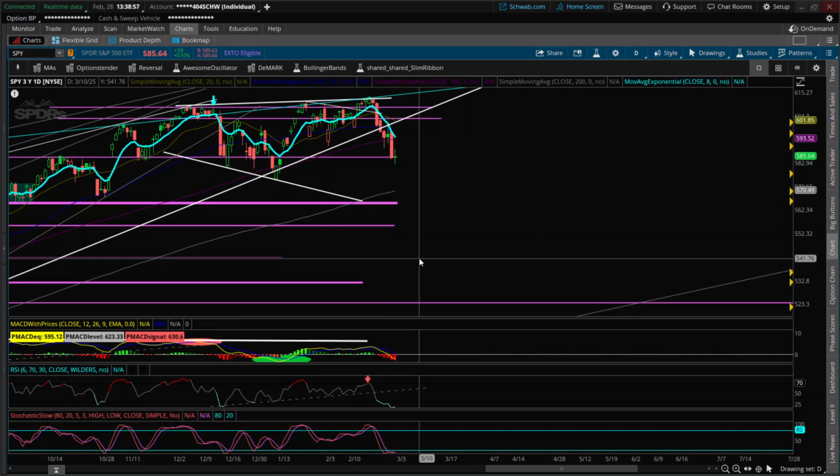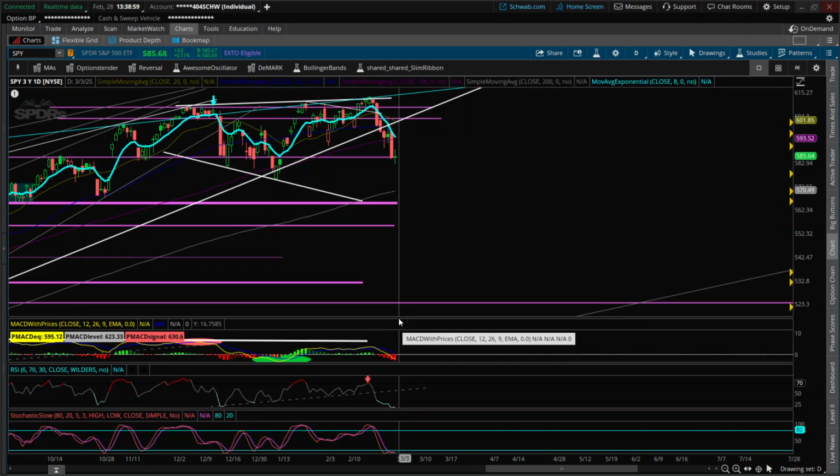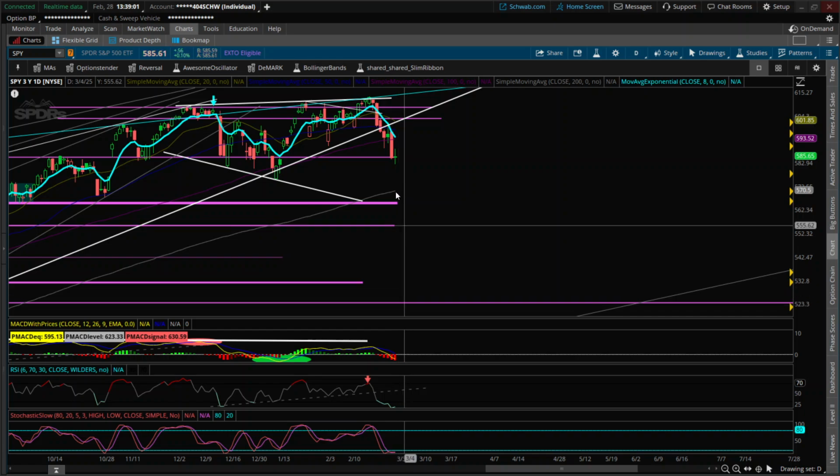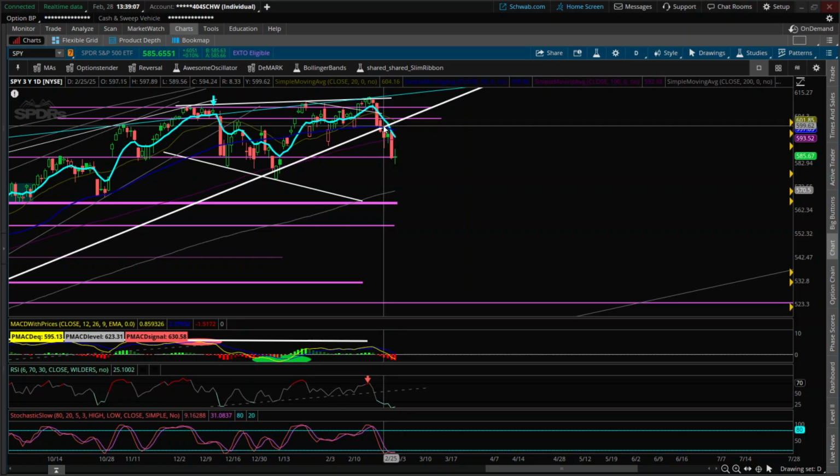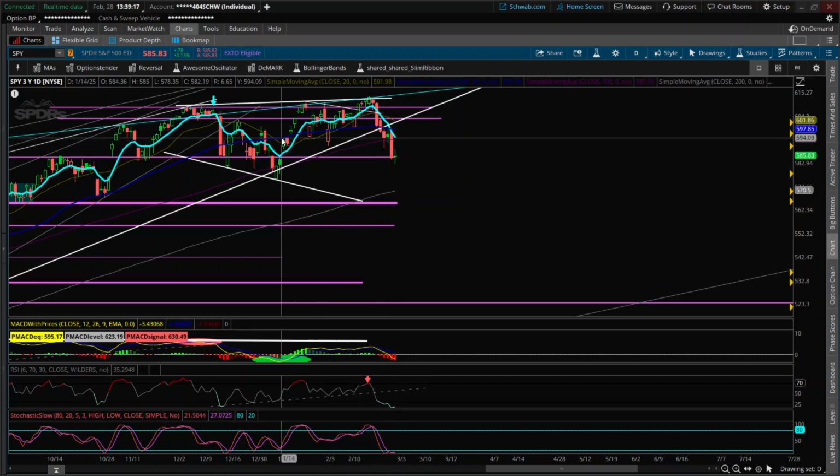Very important area. We're oversold on the RSI. So I expect a dead cat bounce at this point. And now I think we could back test a little bit higher. And you have the 50 here at about 5. Let me just highlight it on the right hand side. We can see that it's about 598.